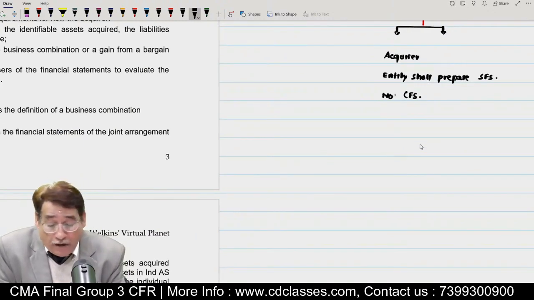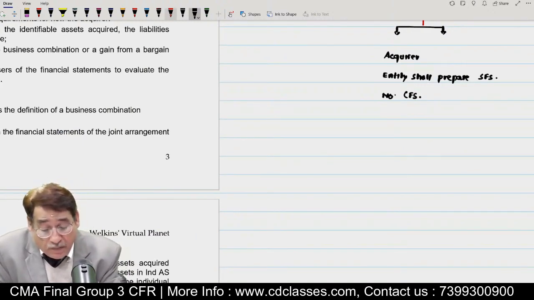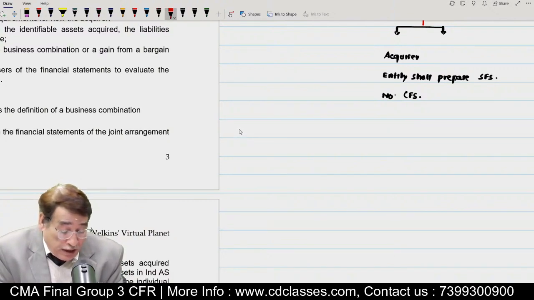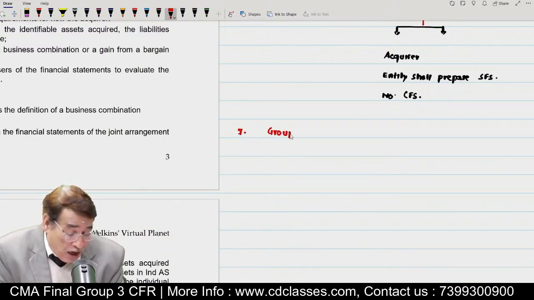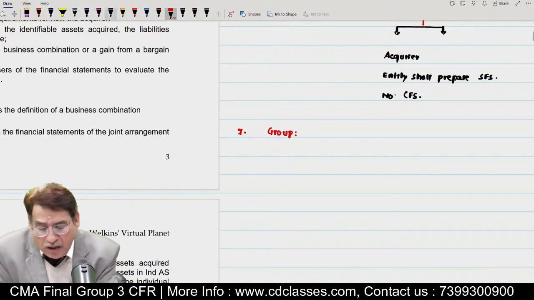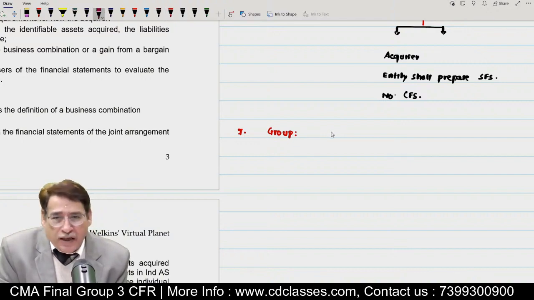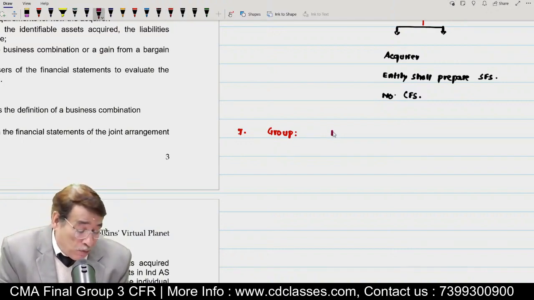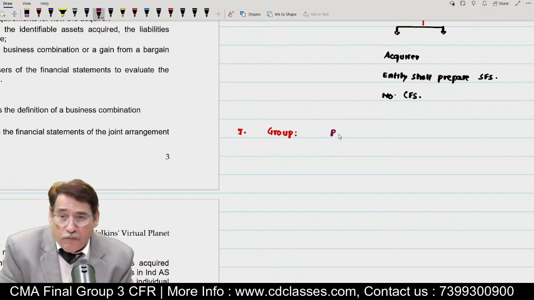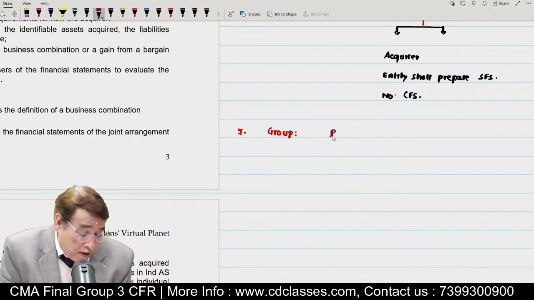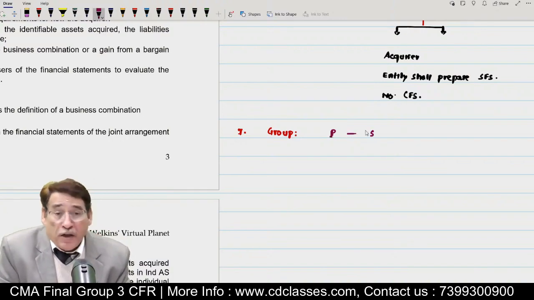Now, after point number 6, throughout this particular chapter, we would be using a word, group. And you know the meaning of group. I need not tell you. I know that each one of you is well aware of the meaning of group. Whenever we say group, what does it mean? Nice to hear from you, Mahesh Jadhav. A group could be of parent and subsidiary, correct?